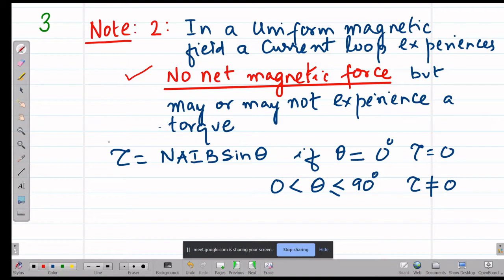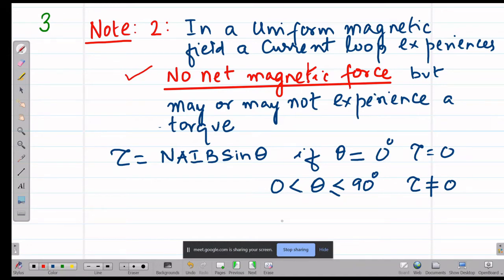So as mentioned here, in a uniform magnetic field, a current loop experiences no net magnetic force, but it may or may not experience a torque. Why may or may not? Because torque is given by NAIB sine theta, and suppose theta equal to 0. Now theta equal to 0 means what? The angle made by the magnetic field with the normal to the field.